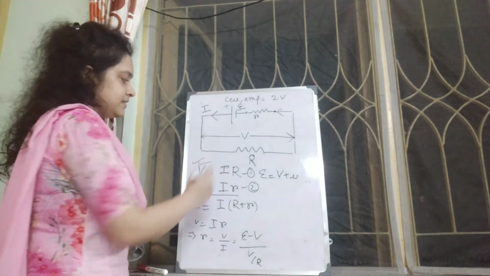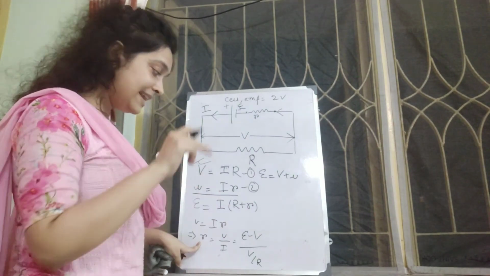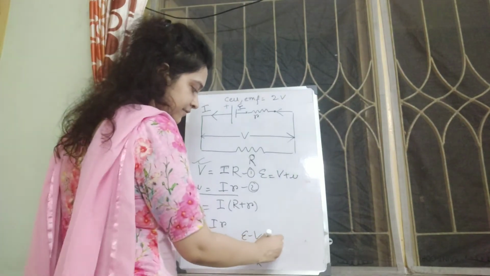I'm just using this because I want to find a relation between small r and capital R, internal and external resistance. Let's see whether I can find it or not.